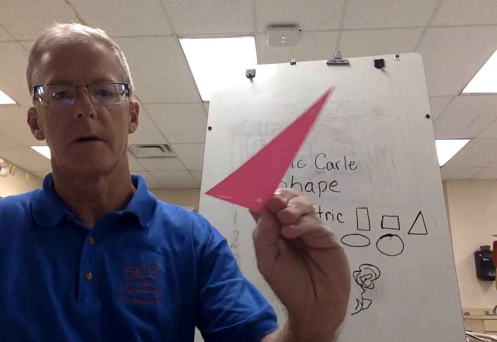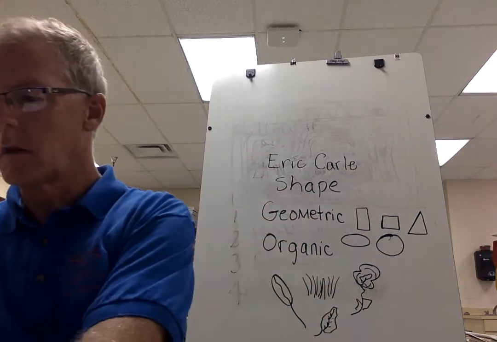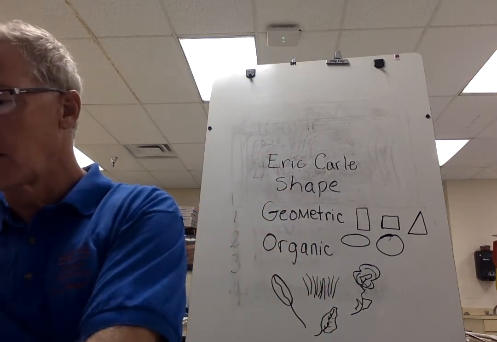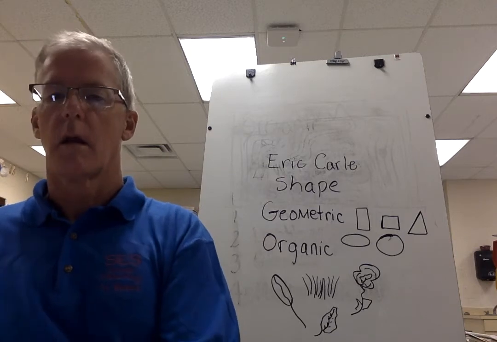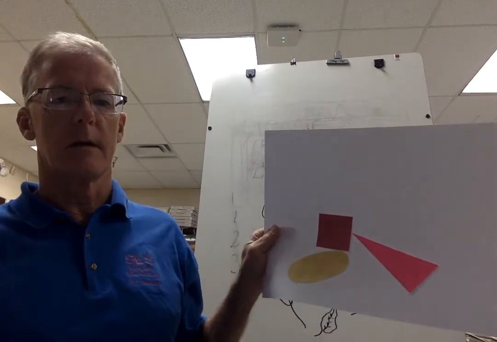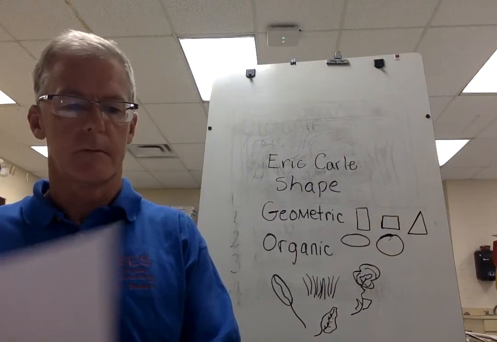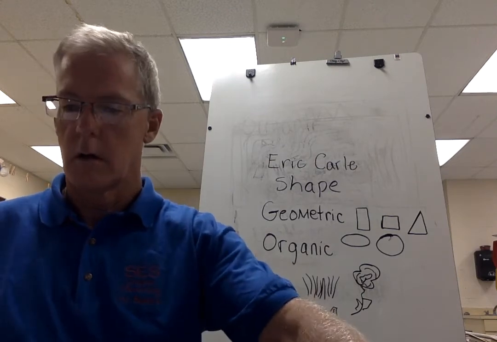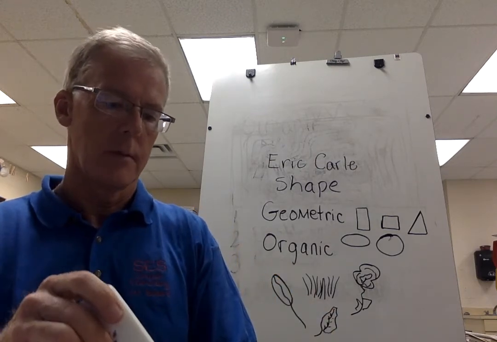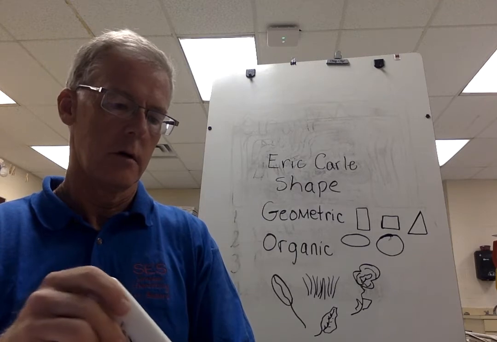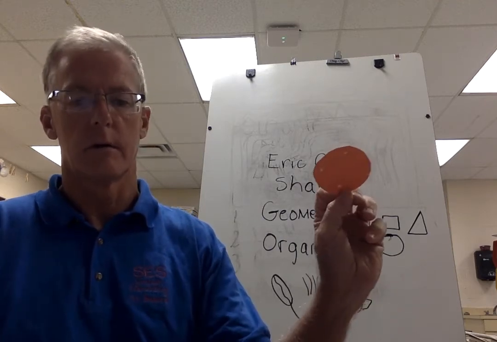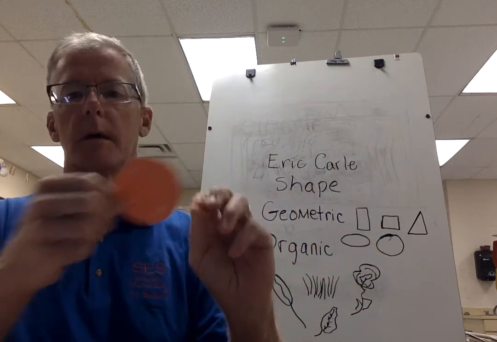There's my glue for my triangle. Paste it on like that. I'm going to put the orange circle maybe at the top.